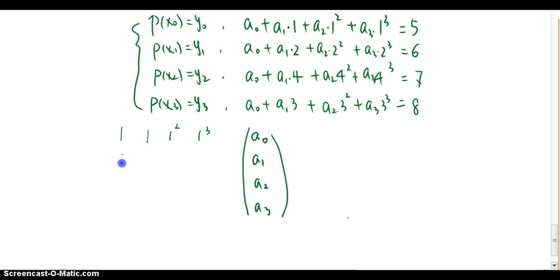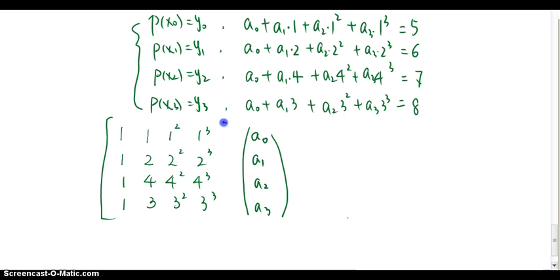Secondly, 1, 2, 2 squared, 2 cubed. Third, 1, 4, 4 squared, 4 cubed. And then last one, 1, 3, 3 squared, 3 cubed. So this is your coefficient matrix, which is equal to 5, 6, 7, and 8.